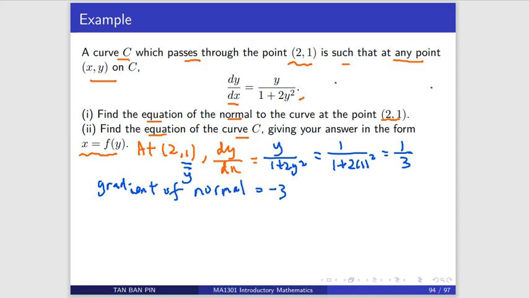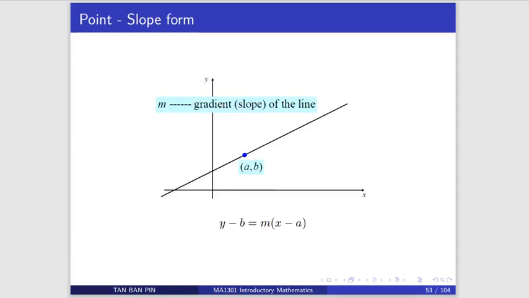So the equation of the normal line should be y minus 1 equal to -3 times (x minus 2). M is -3, right? And you're looking at the point (2, 1). So y minus 1 is y minus b, b is 1, then a is 2.